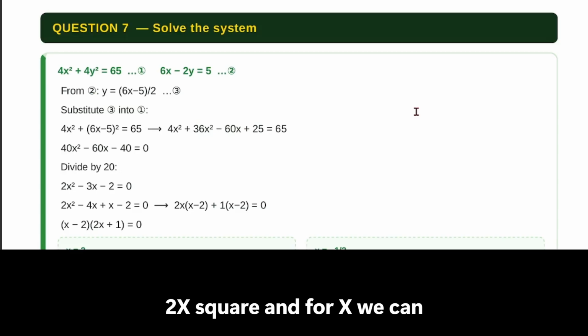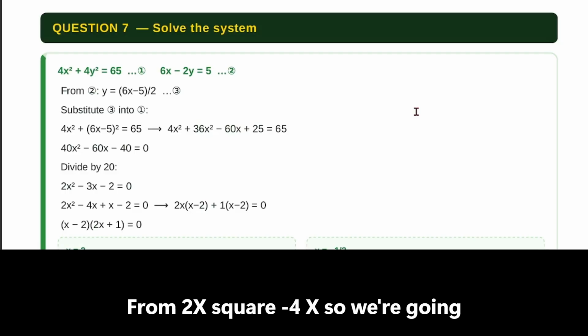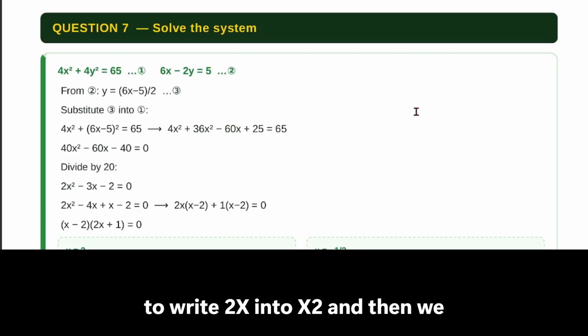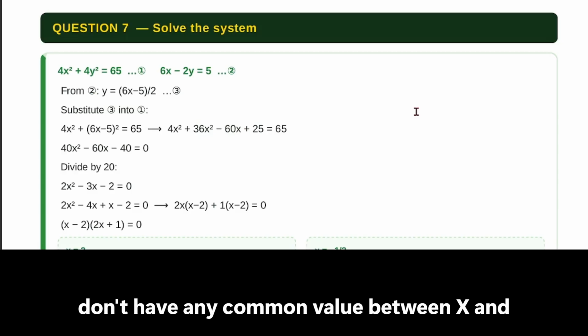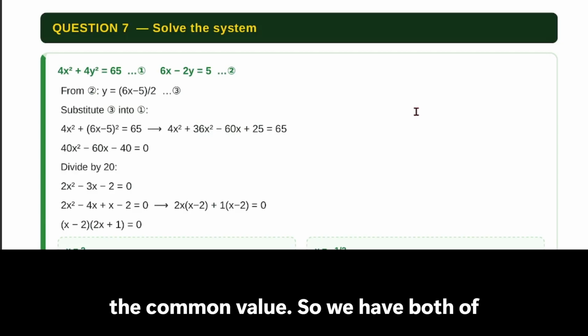Now here, between 2x square and minus 4x, we can take 2x as a common value, and then we're going to divide this value from 2x square minus 4x. So we're going to write 2x into x minus 2, and then we don't have any common value between x and negative 2, so we can just take 1 as the common value.